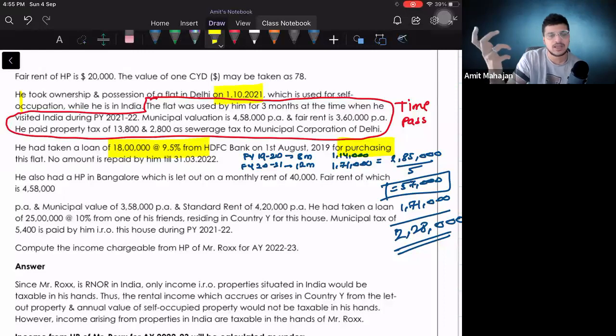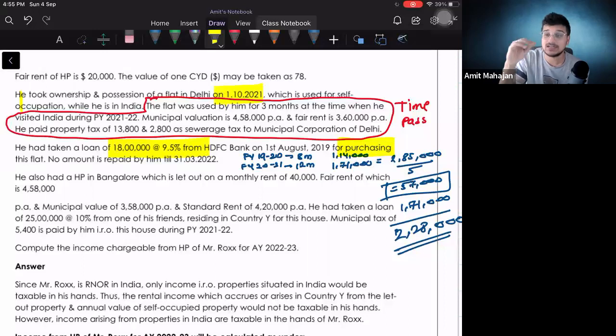Again, how will I compute interest on borrowed capital? It is simple. There is no pre-construction, post-construction. When do we understand whether they are expecting us to compute pre-construction and post-construction?